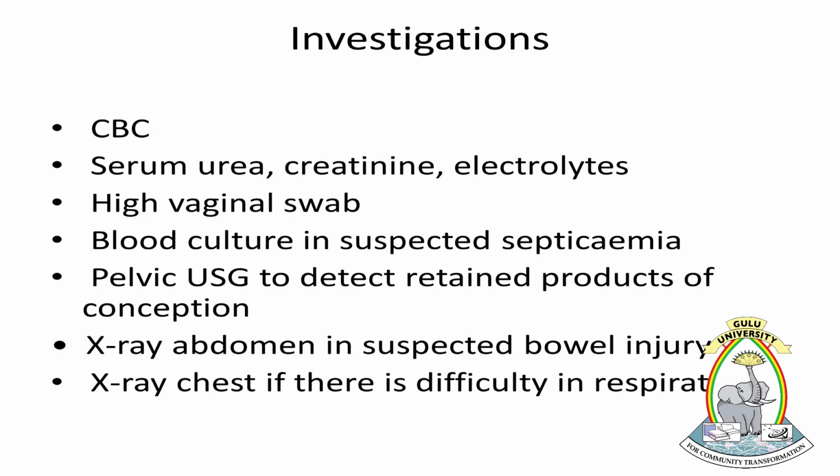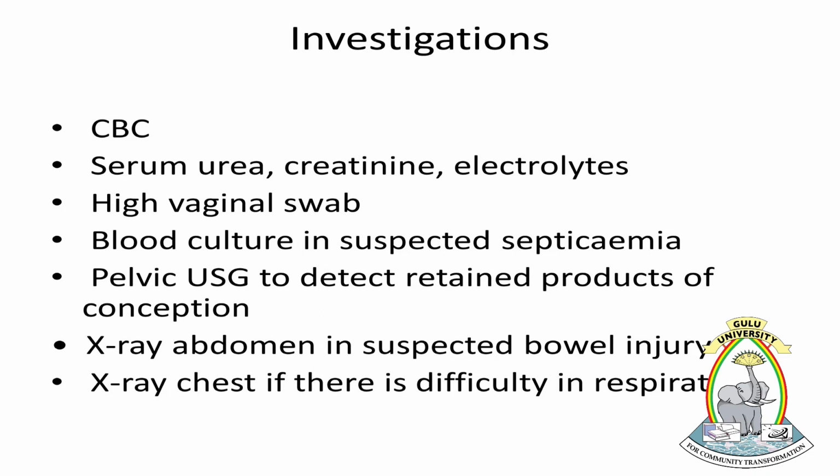In this case of septic abortion, if you must do investigations, these are the key things you need to do. A complete blood count would help you see if there are increased leukocytes, and the different leukocytes that are increasing. Then you may need to look at the serum urea, creatinine, and electrolytes. A septic abortion may cause septic shock and renal failure, and that may affect the creatinine, urea, and probably even the electrolytes.